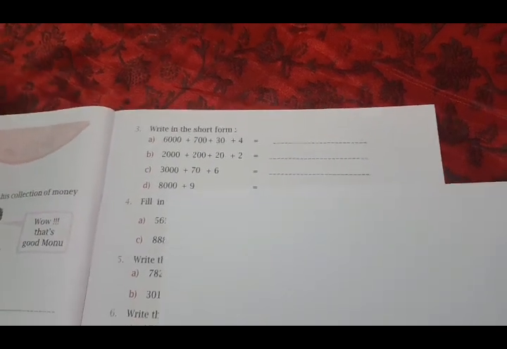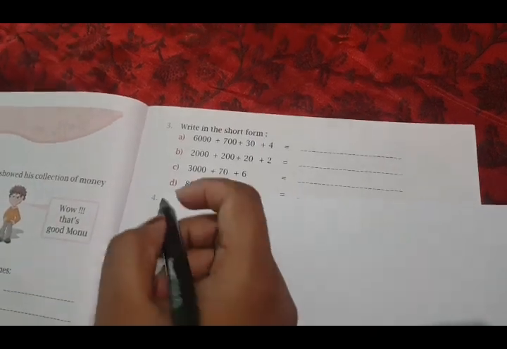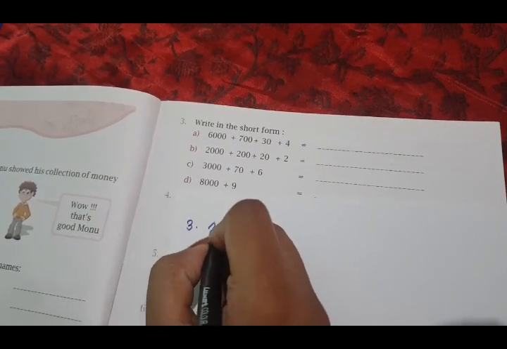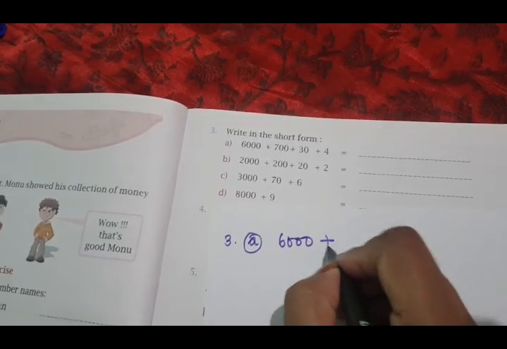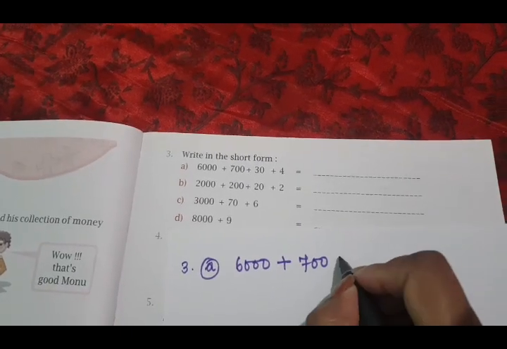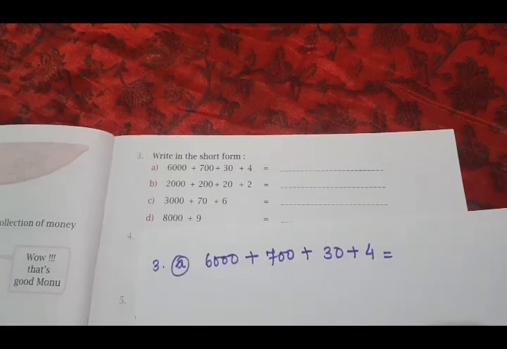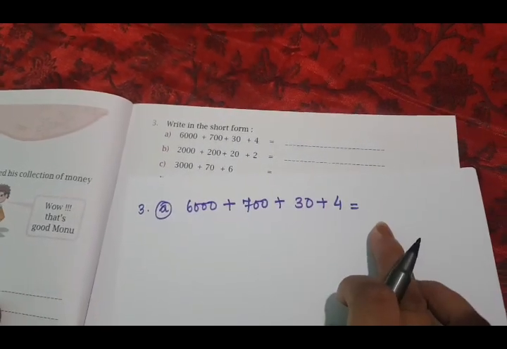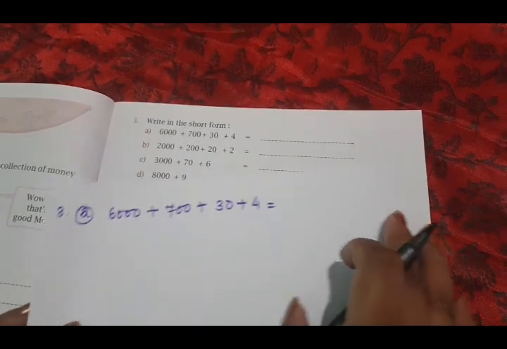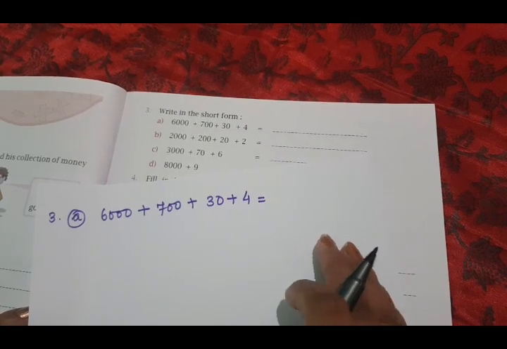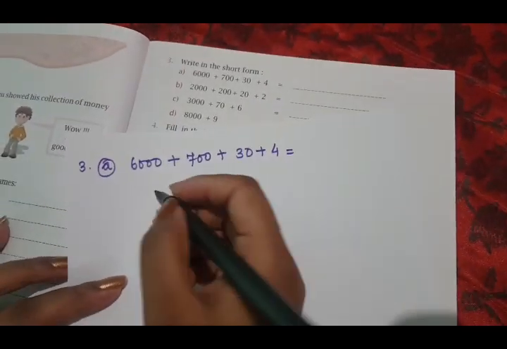Now in question number 3, we can see write in the short form. In question number 3A, it's given as 6,000 plus 700 plus 30 plus 4. So it is given in the expanded form, that is in the long form. Now we can write in a short form. So in order to find out the answer, you can arrange this number vertically also.